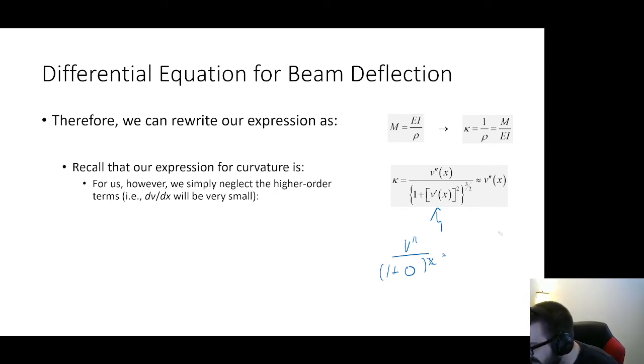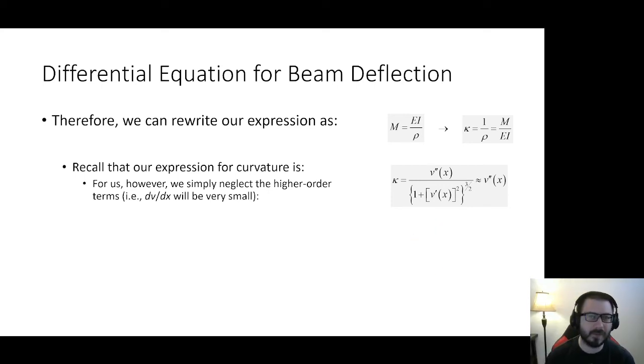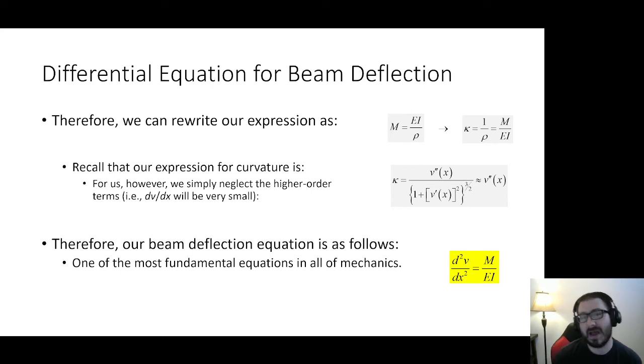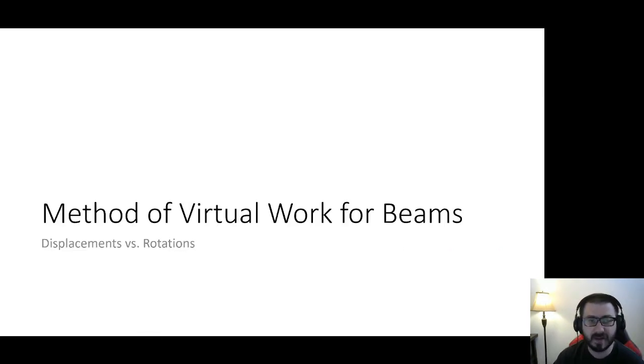So I'm just going to say that the curvature is basically equal to the concavity, so the second derivative. And so with that, I can take that kappa term and replace it with the second derivative, and I am left with one of the most fundamental equations in all mechanics, the moment curvature equation, or Euler-Bernoulli beam bending, which basically says that the second derivative of deflection is M over EI. It's one of the most fundamental equations in all mechanics.